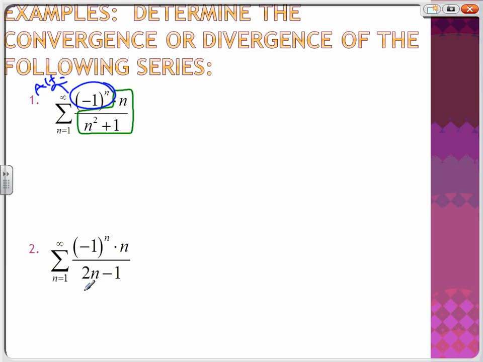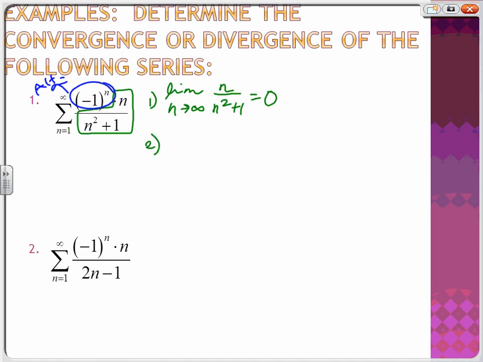Take the limit as n goes to infinity, which is 0. All right. So we got 0. So it means it doesn't diverge, but I still don't know if it converges. So there was my first step.